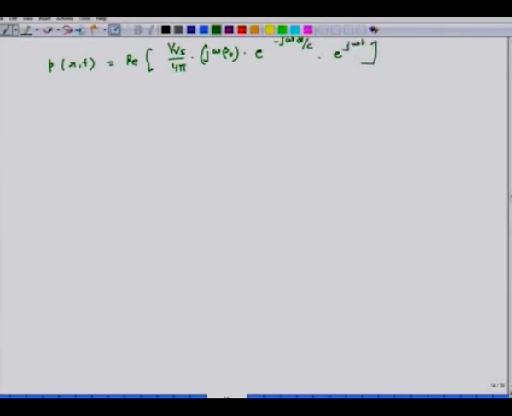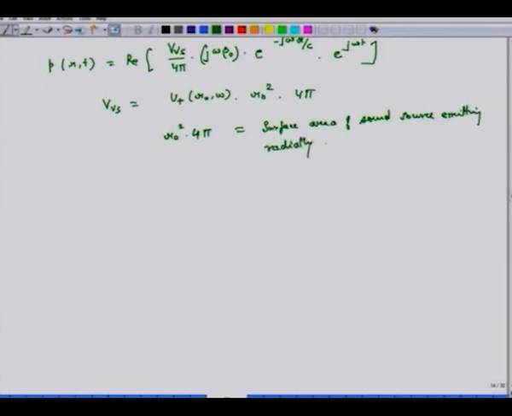And where this volume velocity was defined as complex amplitude times r naught square times 4 pi, where r naught square times 4 pi equaled the surface area of sound source emitting radially symmetric sound.